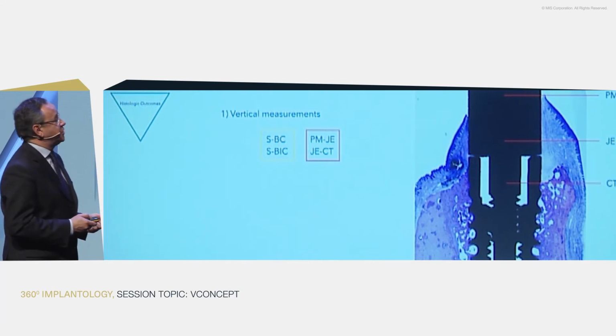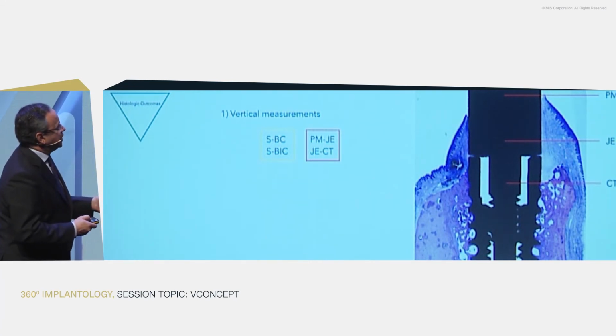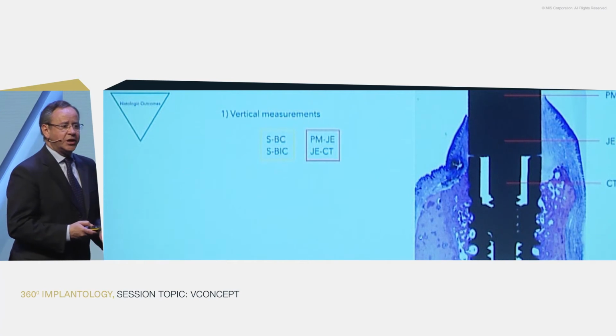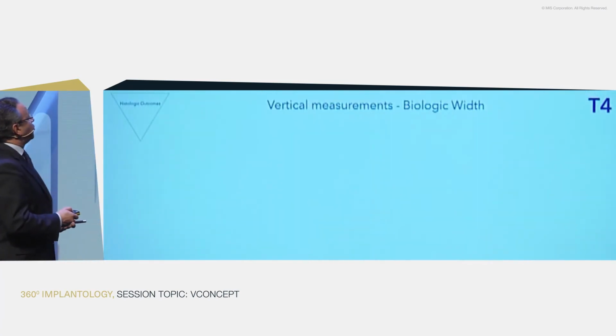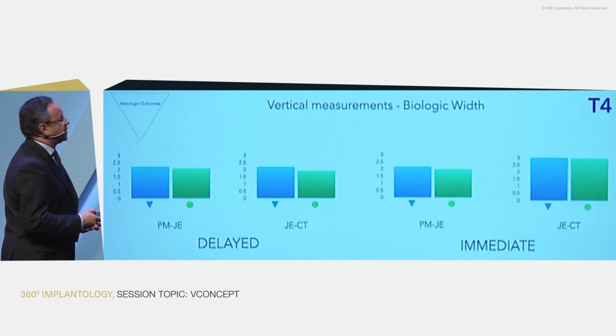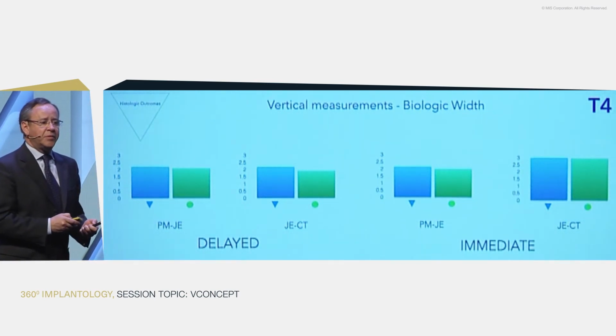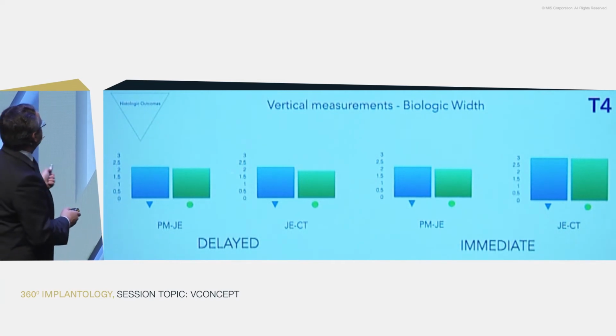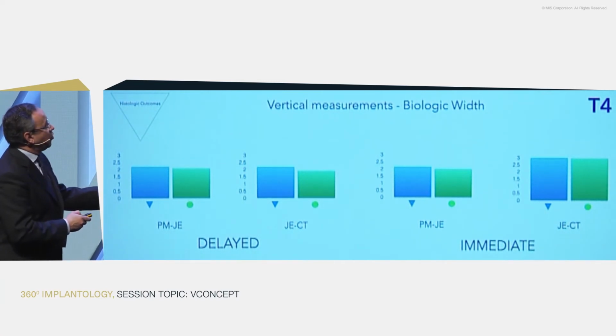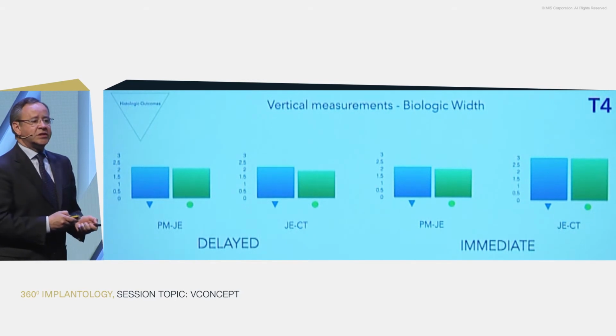But of course, when we look at the soft tissues, normally the soft tissues translate the results from the vertical measurements. So depending on how the bone-to-implant contact is in regards to the shoulder, we will have longer or shorter biological width. And here, of course, when we have measured the biological width, the results go in parallel to the vertical measurements. We have a very well-established biological width already in the first time that we have measured at 4 weeks.